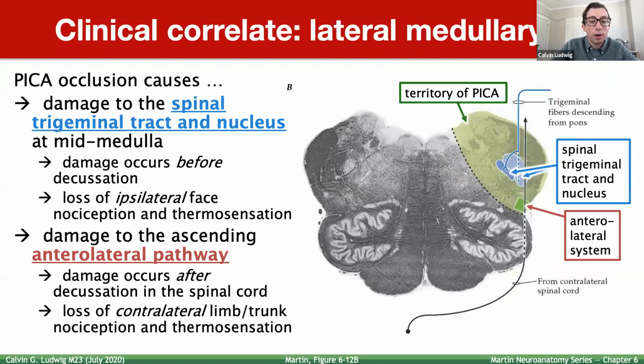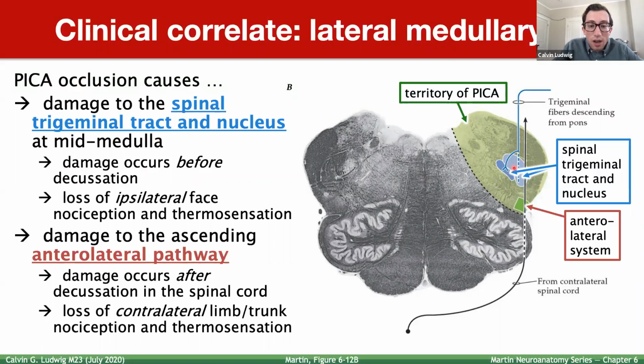And to do that, we're going to take a look at this picture that we just looked at. So PICA occlusion is going to cause damage to the spinal trigeminal tract and nucleus at the mid-medulla. This damage occurs before decussation.